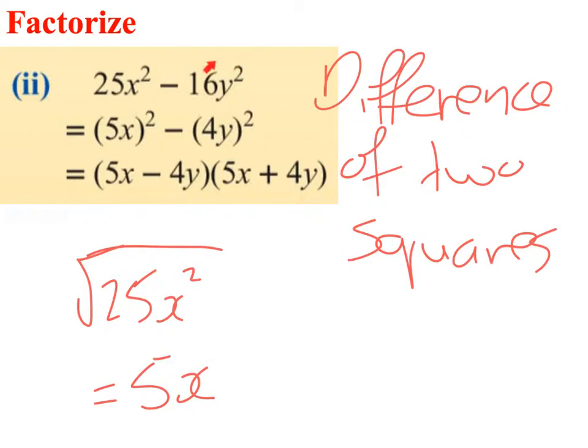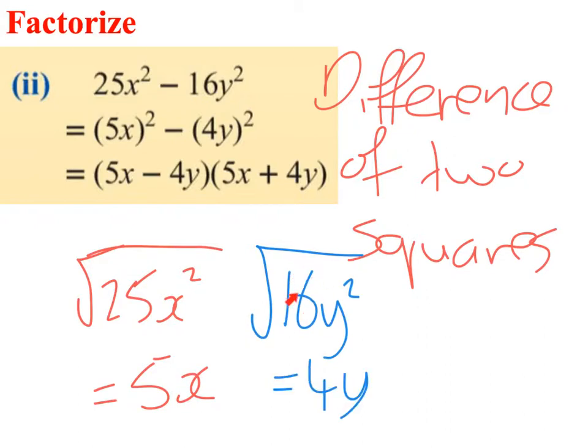So then I'm going to get the square root of 16y squared, which is 4y, because the square root of 16 is 4 and the square root of y squared is y. So 16y squared is the same thing as 4y squared.